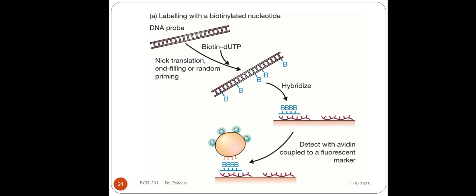So afterwards you can utilize some probe which can specifically bind to this, or you can utilize this as a probe to identify the gene of your interest. You can do it for the sake of diagnostic purposes, or you can do it for the sake of research purposes, both.